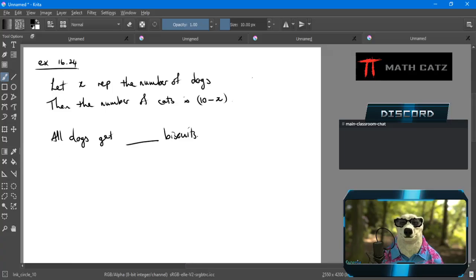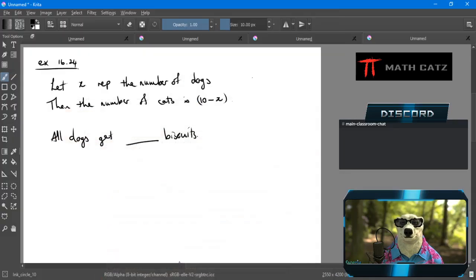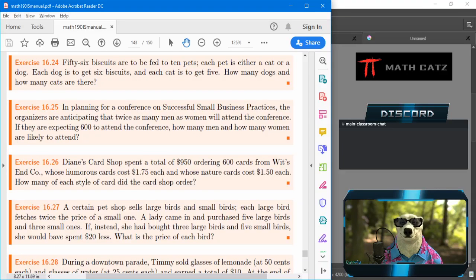If I have X number of dogs and each dog gets 6 biscuits, it's 6x. 6 times X. And all the cats get how many biscuits? Can cats and dogs eat the same kind of food? Oh, all right. Maybe they're multi-pet biscuits. I don't know.